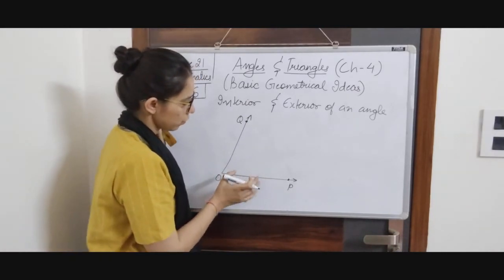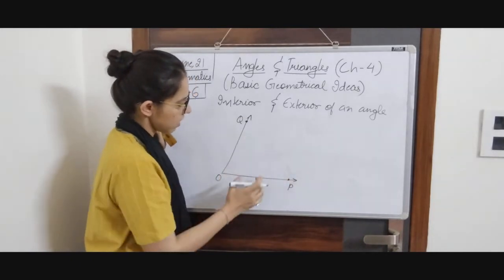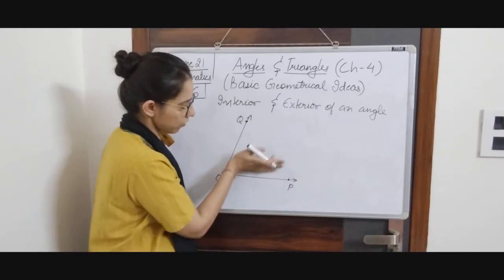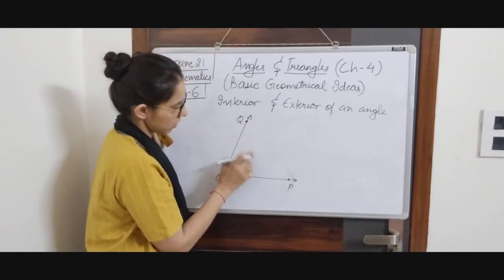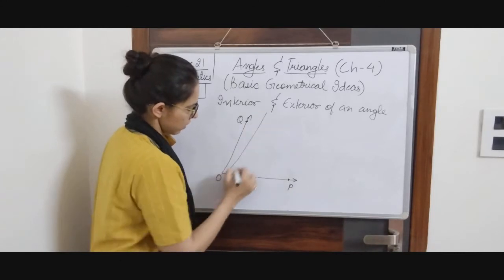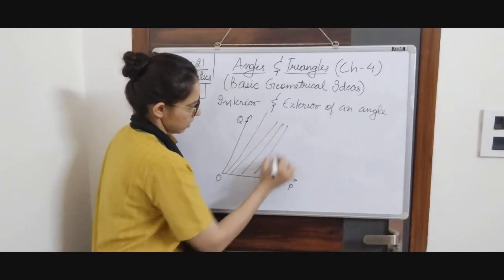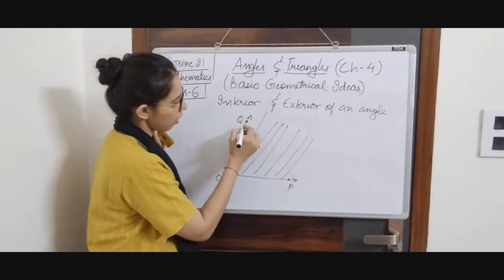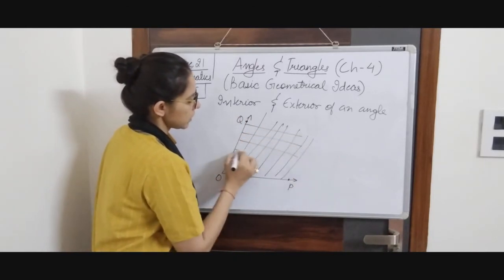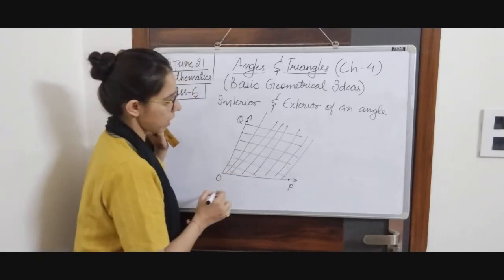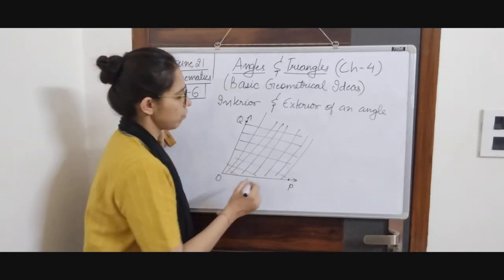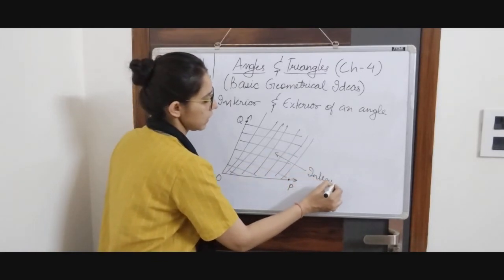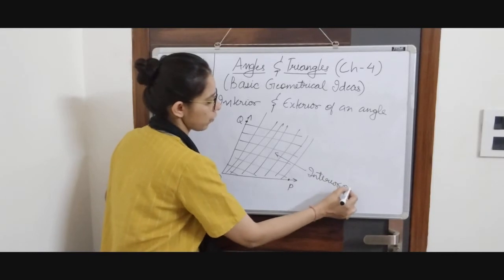If we shade this part of ray OP, and again we shade this part of OQ, the double shaded part will be the interior of that angle.